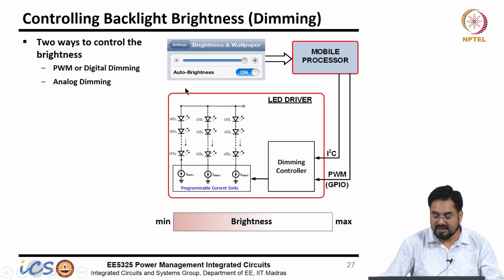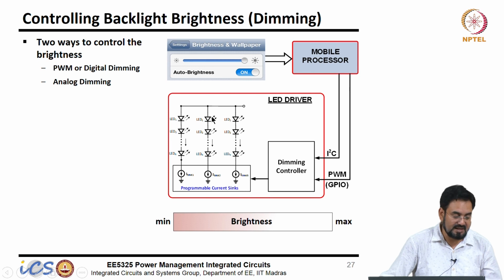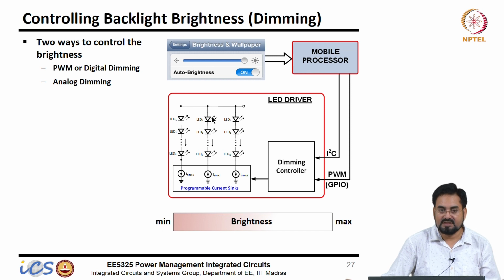Adaptive brightness actually has an ambient light sensor. So the ambient light sensor is there on your cell phone. Let us say I am sitting here under the light, so the light is quite high. In more light you need more brightness to see the display, otherwise it may not be visible, so it automatically increases the brightness.